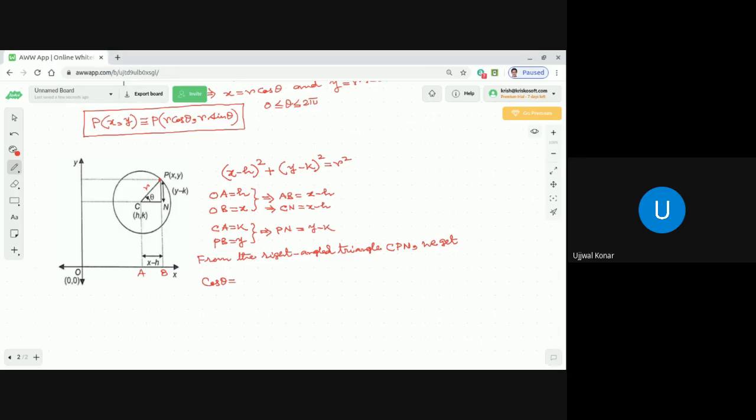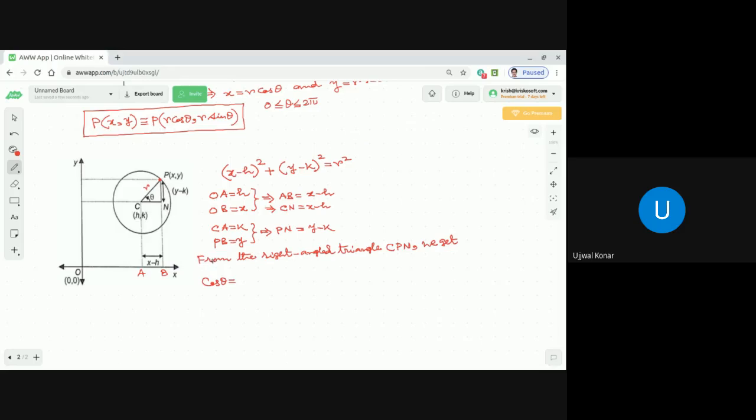It is clearly visible in the diagram as well. Theta is the angle made by the radius CP with the positive direction of the x-axis. As CN is parallel to the x-axis, it makes the same angle with CN as well.